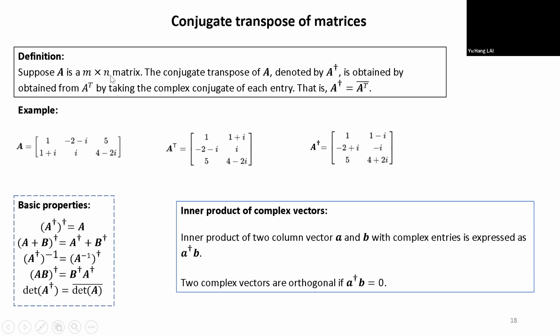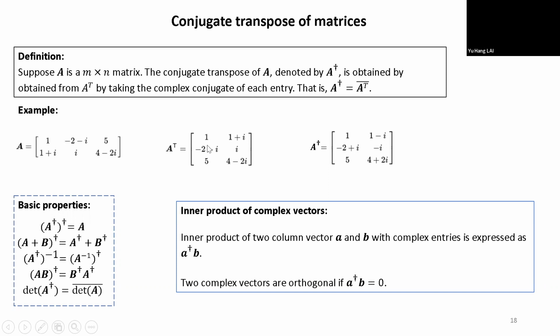What I'm going to do is take the transpose of this matrix. Remember how to take the transpose: just interchange the rows and columns. So this 2 by 3 matrix becomes this 3 by 2 matrix. This is the A transpose.